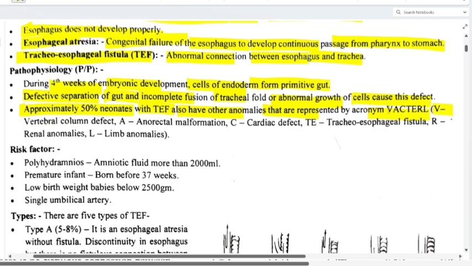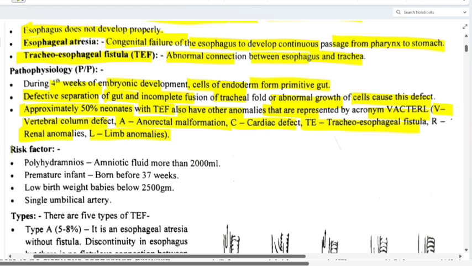V is vertebral column defect, A is anorectal malformation, C is cardiac defect, TE is tracheoesophageal fistula, R is renal anomalies, and L is limb anomalies. So revise it again: V vertebral column defect, A anorectal malformation, C cardiac defect, TE tracheoesophageal fistula, R renal anomalies, and L limb anomalies.